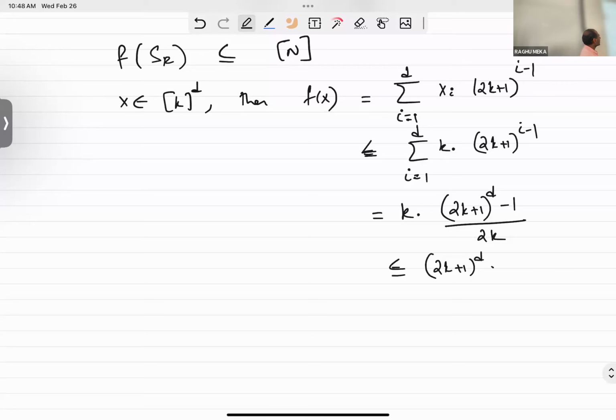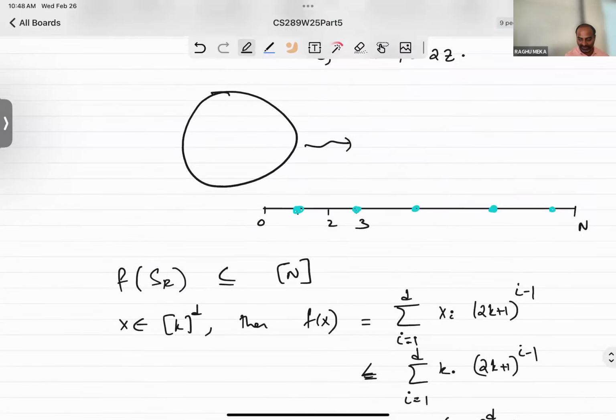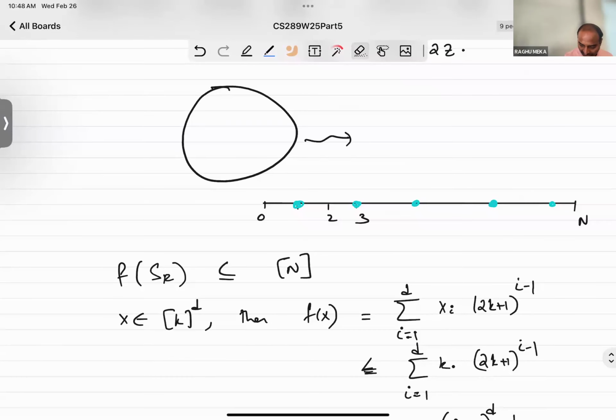Every such number is going to be at most (2k+1)^d, and this is what I'm going to call capital N. I'm defining capital N to be this, so no number that we write down is going to be bigger than this. If you go back to this map, if you set N to be (2k+1)^d, every number that we write down is to the left of it.